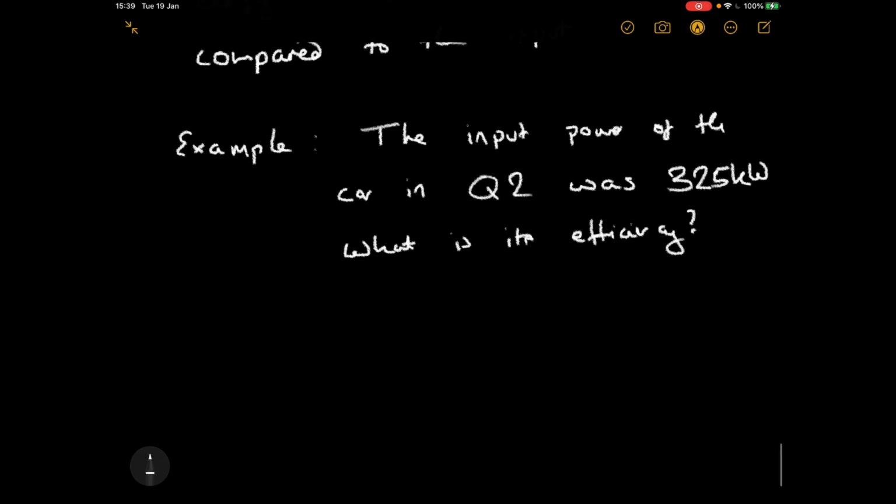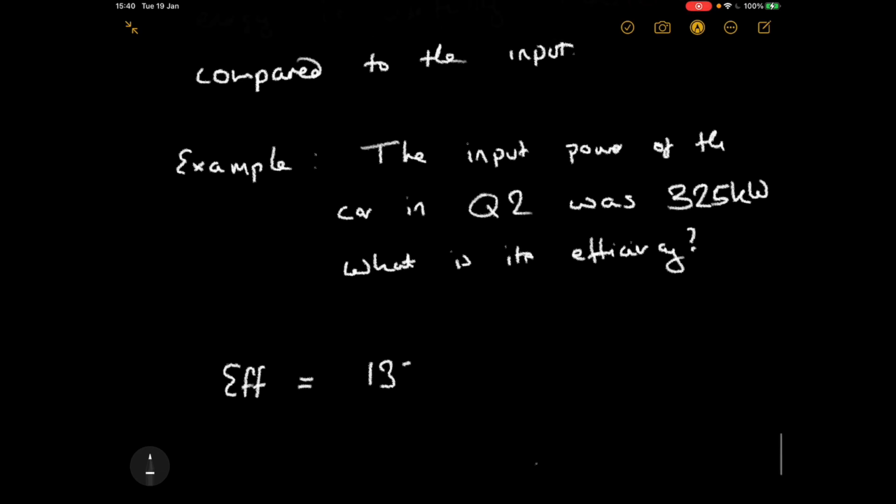And for that one, we would just go: efficiency is equal to the useful power output, we got 135 kilowatts, over our total input, 325 kilowatts. We don't need to worry about the kilo because it's going to be on the top and the bottom.